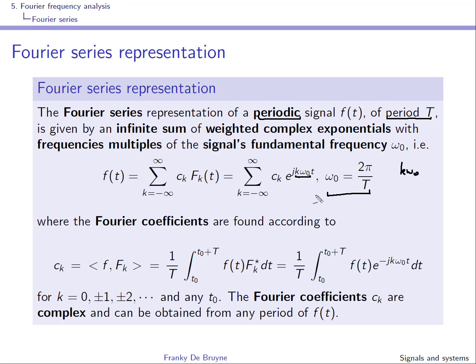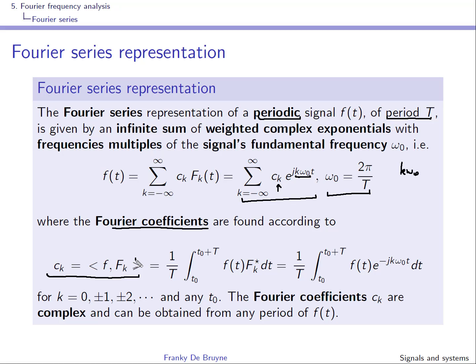In this sum appear the so-called Fourier coefficients. This is how the function is decomposed in the Fourier basis, and this can be seen as kind of coordinates in this Fourier basis, and these Fourier coefficients are computed as follows.